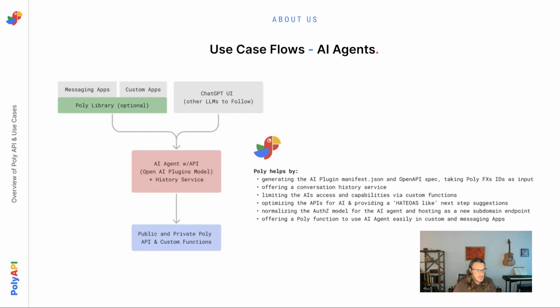But one of the big improvements around GA was making it so you can actually access this through an API, and so that we actually give you a conversation history service, so that the conversation happening between the user and the AI agent is actually being stored, and the context is passed back to the AI agent, so that it has a conversation, a dialogue, rather than a single message response, which is what you'll get with OpenAI out of the box.